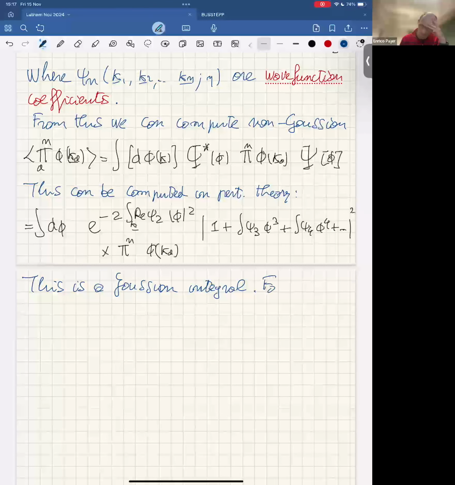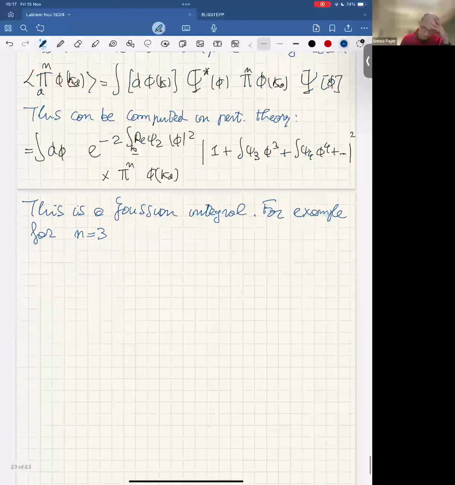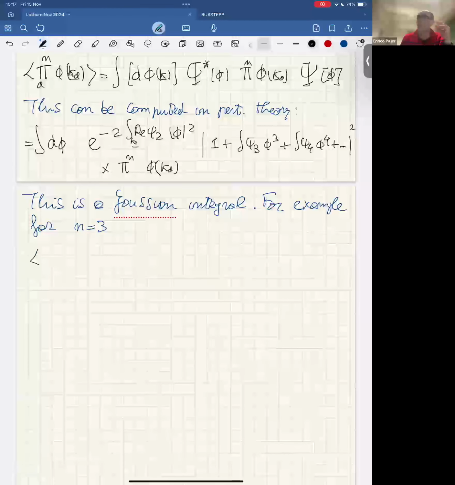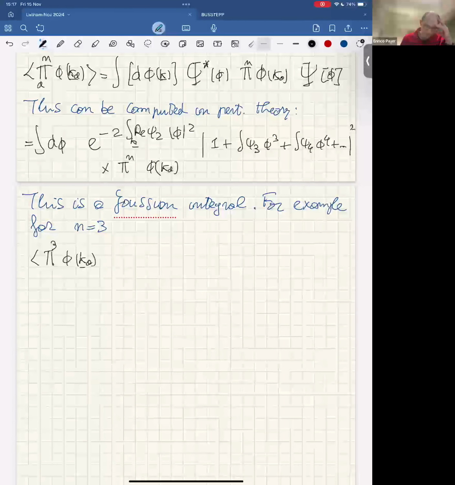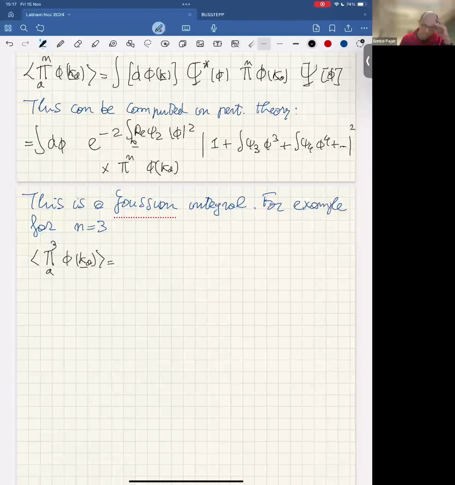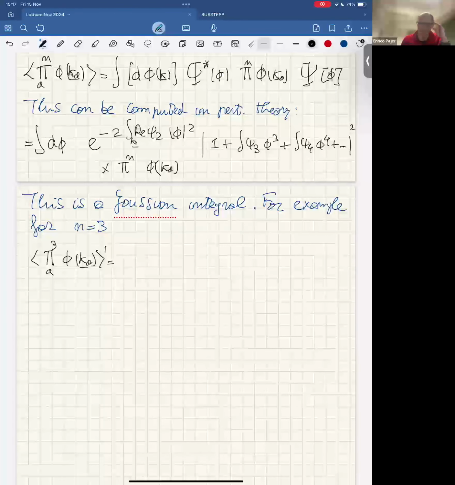So just to give you a concrete example, for the 3-point function, I'm going to put a prime to drop the delta function.